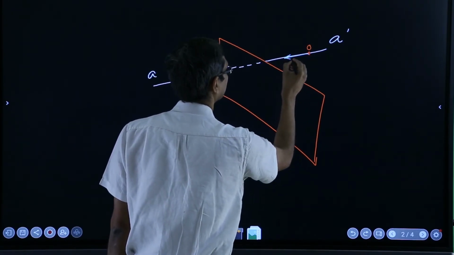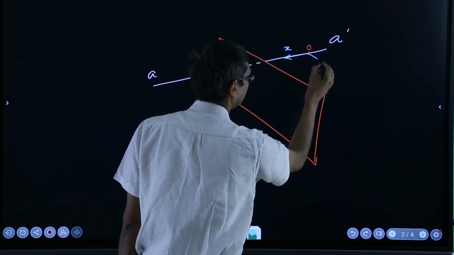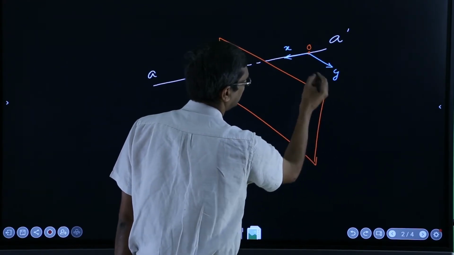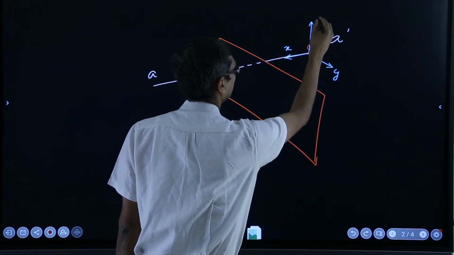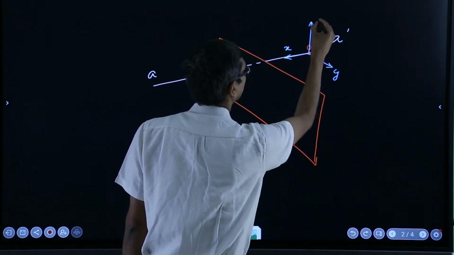Let this be x, let this be y. So, this will come out to be z.